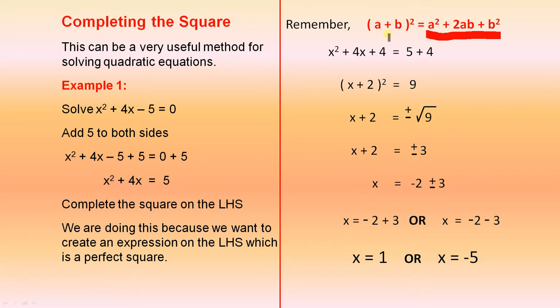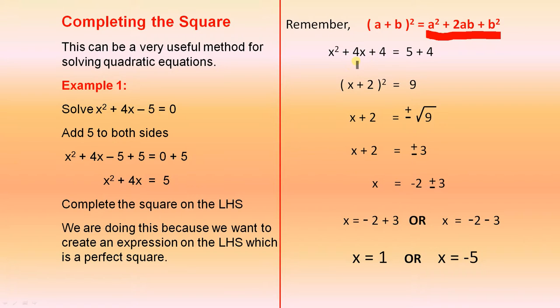That's a perfect square, but that's the expansion of it. And remember, to get the middle term, twice their product, so a times b, and you multiply by 2. That's why you have 2ab. So we're going to use that little trick to complete the square here.